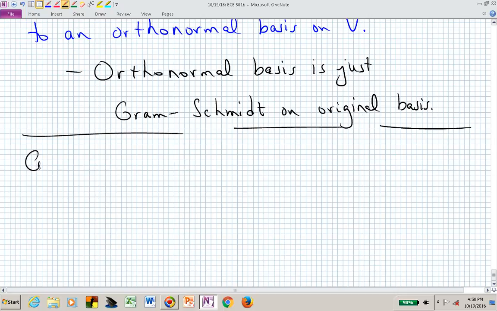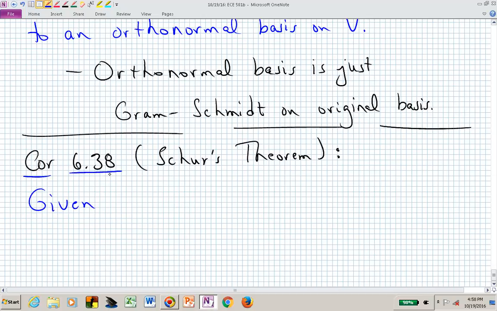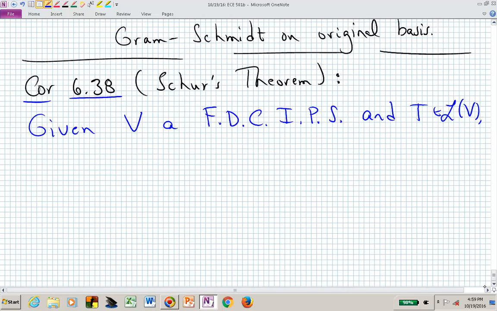Finally, we have corollary 38, which is referred to as Schur's theorem. And that says, given a vector space V, which is actually a finite dimensional, complex inner product space, and a linear operator T, then we actually know, since it's a complex inner product space, we can always find an upper triangular matrix for that linear operator.